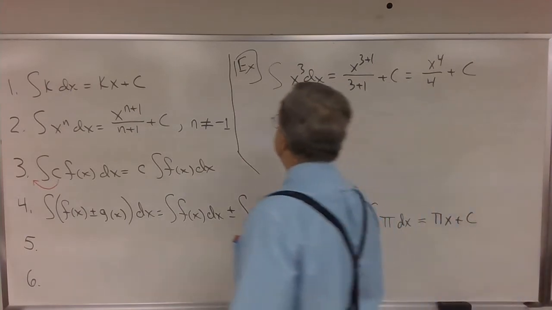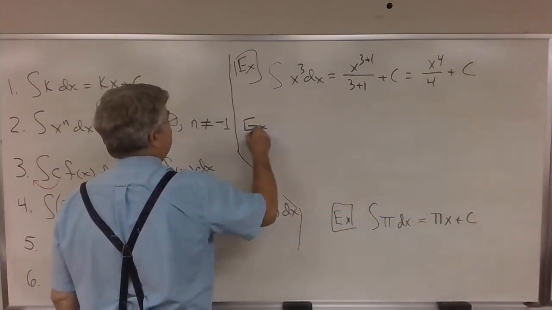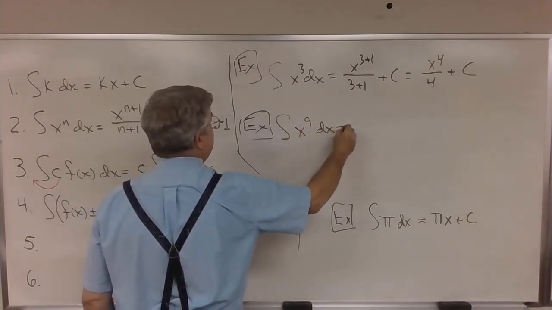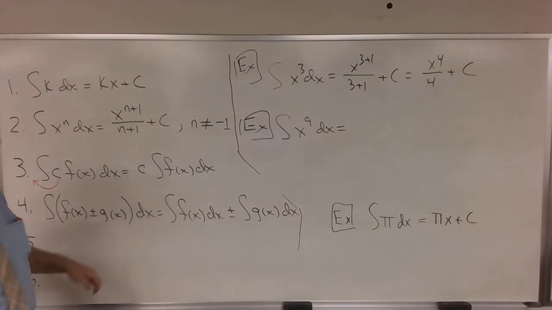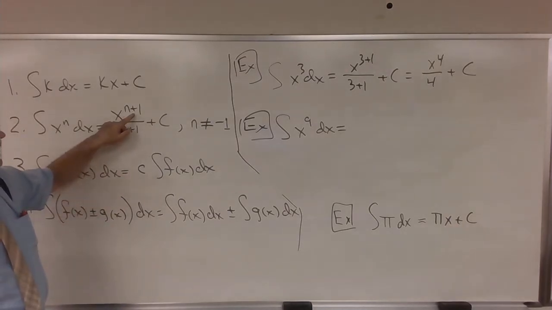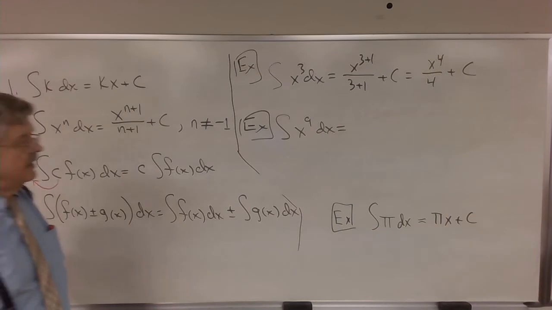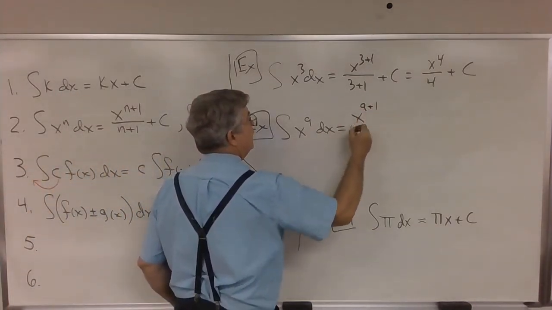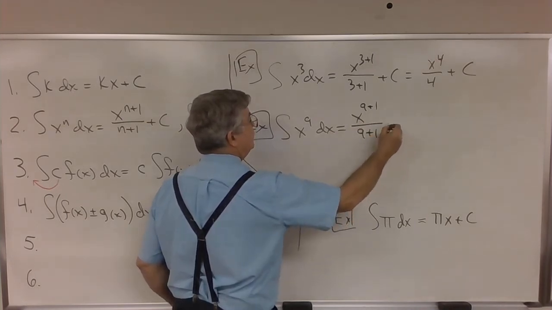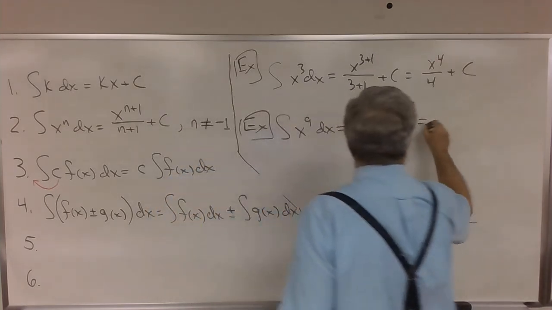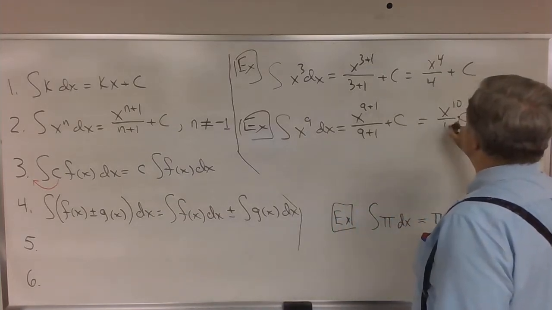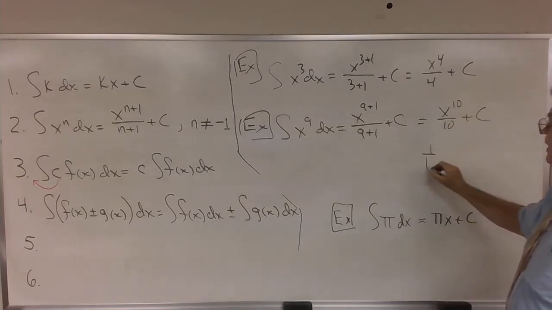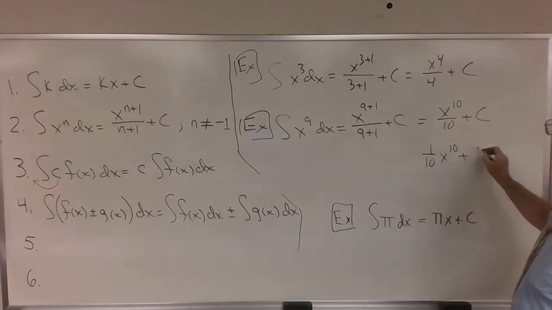Okay, let's try another one. The power rule says add 1 to the exponent, then divide by the new exponent. So we add 1 to the exponent, and then we divide by the new exponent. And that's x to the 10th over 10 plus c. And if we want, we can write it as 1/10 x to the 10th plus c.